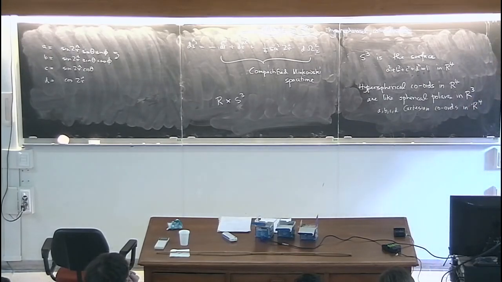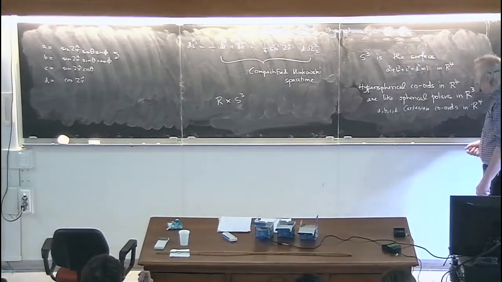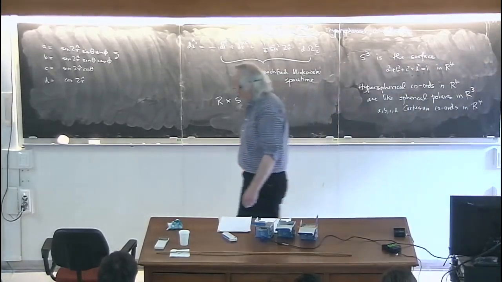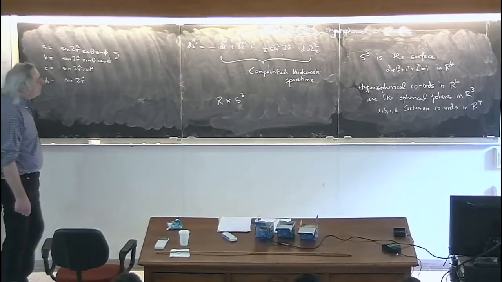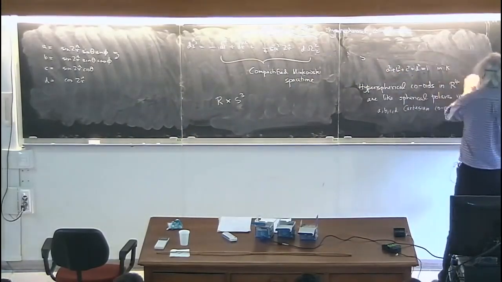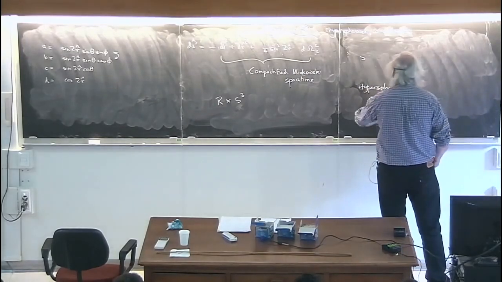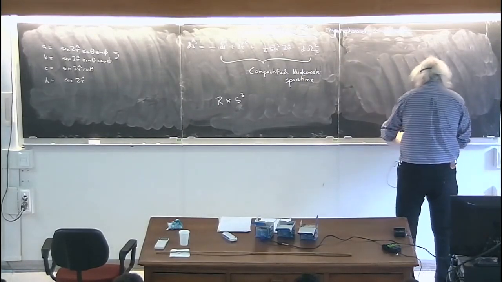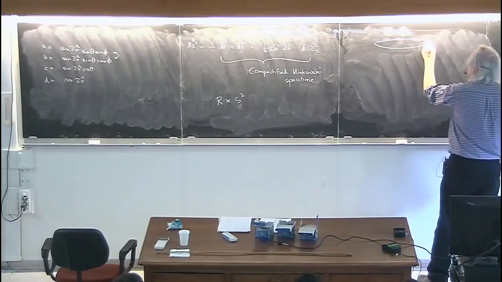So let's continue with our exploration of this metric. It is a deeply unfortunate fact that I cannot draw things in dimensions greater than 2 easily. That's just one of my limitations. So my S3 is going to become a cylinder. And so a picture of the t-r plane looks like this.